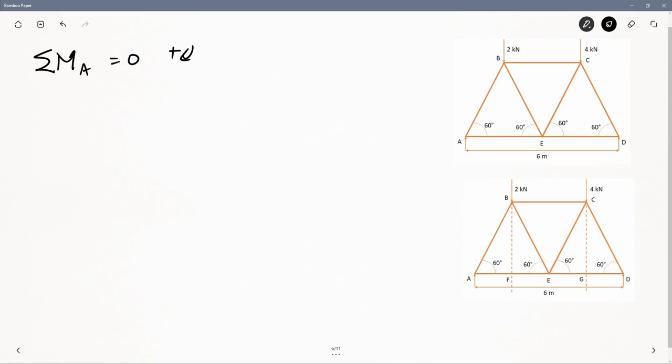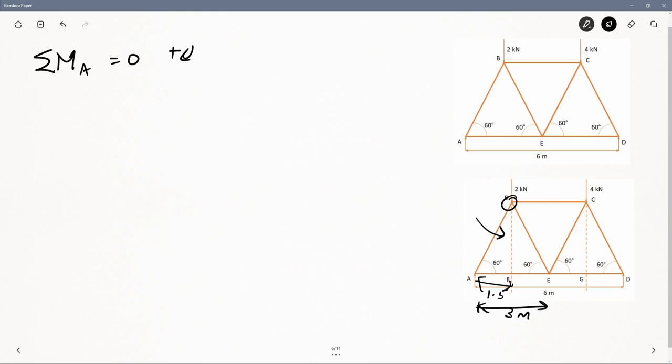So what I do here is I just extrapolate this point on the member AE, and I call the point of intersection as F. So my distance would be here 1.5 meter, because this entire base of the triangle would be 3 meters.